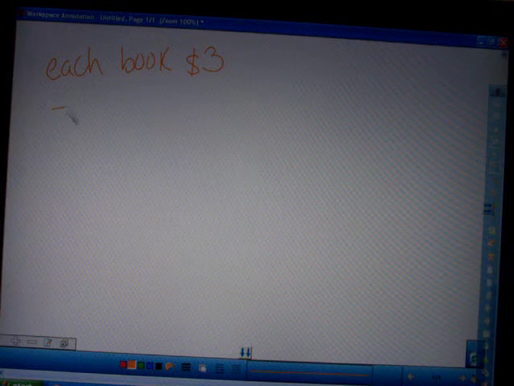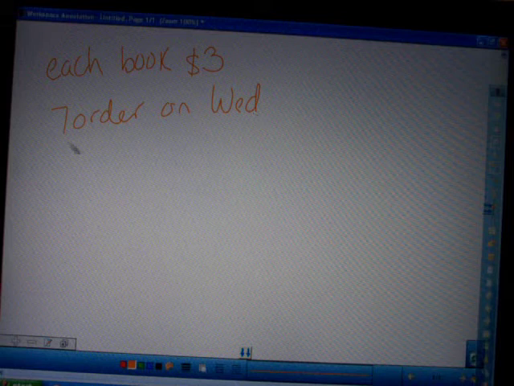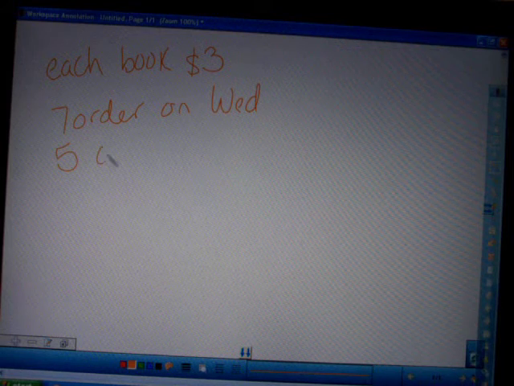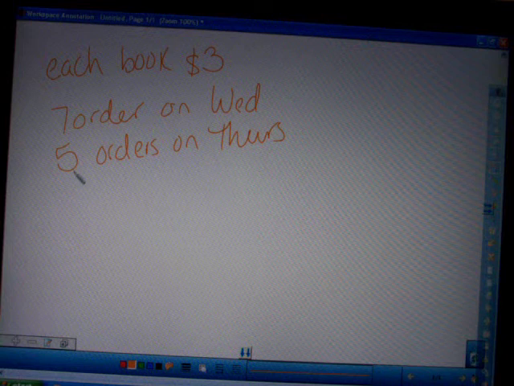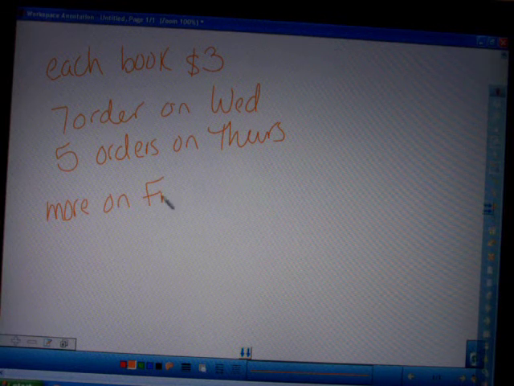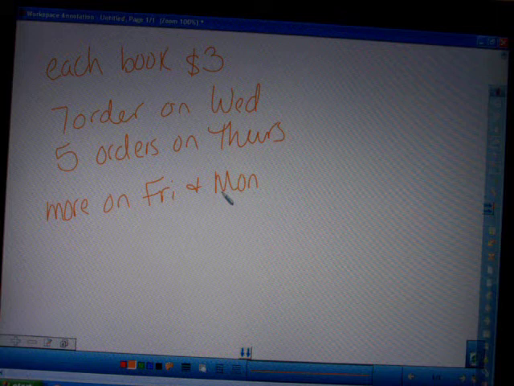There were 7 orders on Wednesday, 5 orders on Thursday, and more orders on Friday and Monday. The question they're asking, how many book orders did she collect?